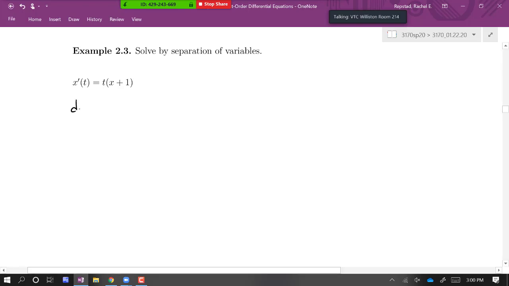So I'm going to rewrite this with the dx dt notation. And then t times x plus 1. How do I separate them out? What should I do to get all of my x's with the dx and my t's with the dt?